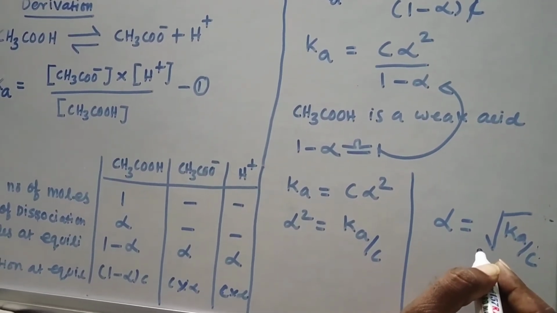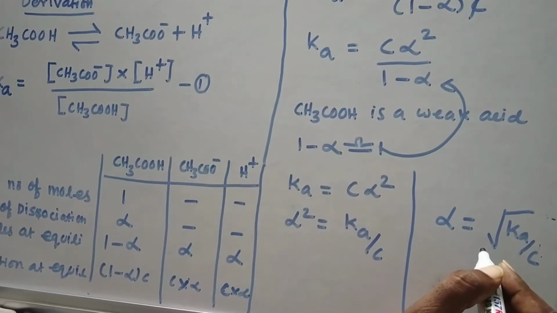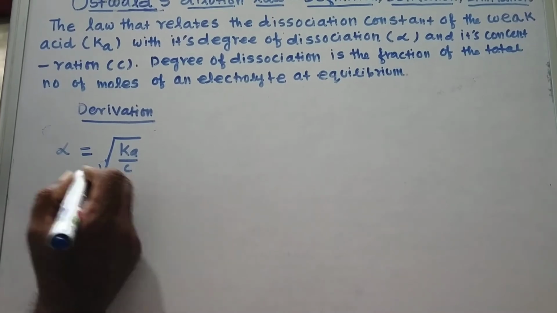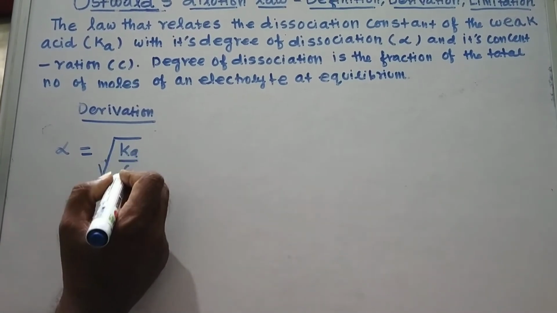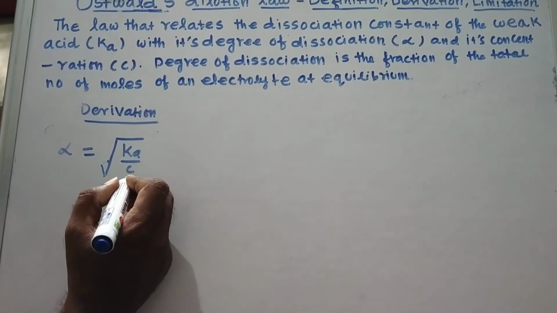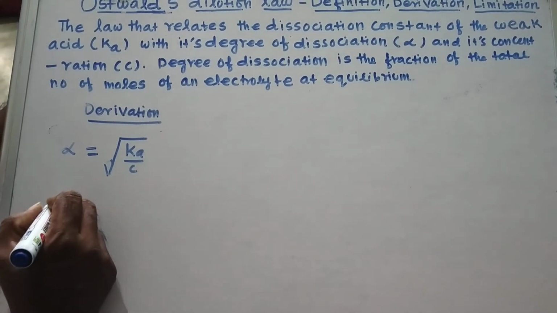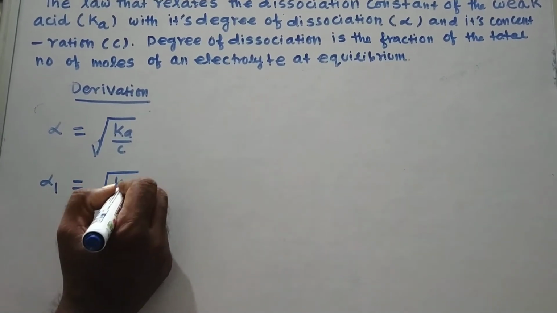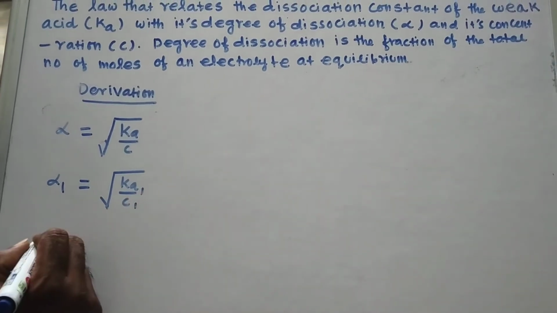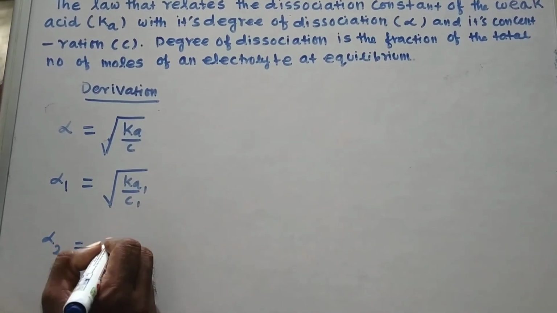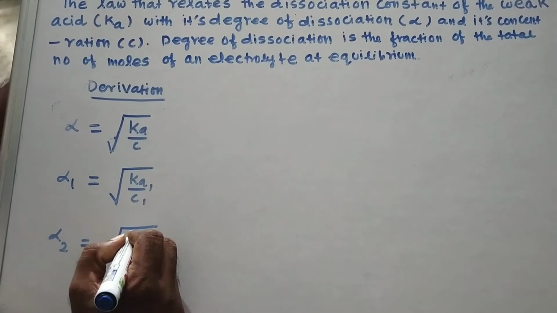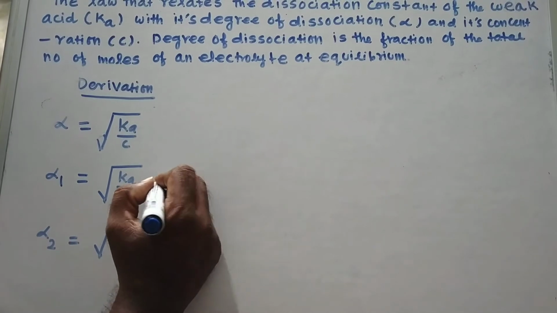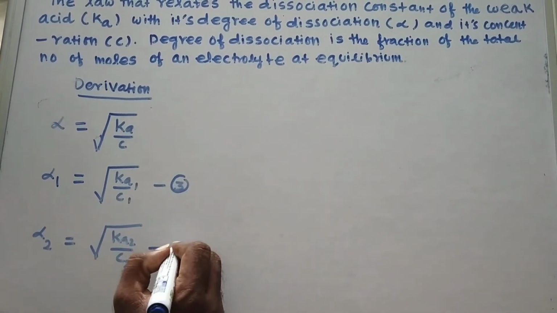Now we are going to see another derivation from Ostwald dilution law. Let us consider alpha is equal to square root of Ka by C. Now we are going to consider two conditions. First one is alpha 1 is equal to square root of Ka1 by C1. Then alpha 2 is equal to square root of Ka2 by C2. Okay, this is equation number 3, and also this is equation number 4.